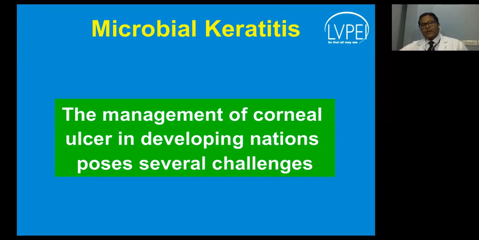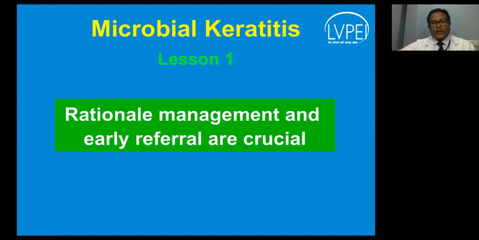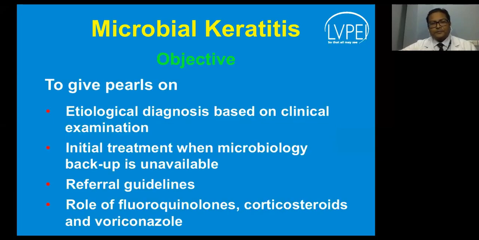Okay, so now we'll go to the most interesting section of our talk, which is the management of corneal ulcers. It poses several challenges, especially in developing countries, where the epidemiological patterns are far different than elsewhere. So, we will learn about the rationale of management and early referral.